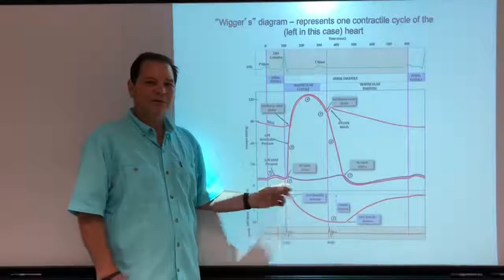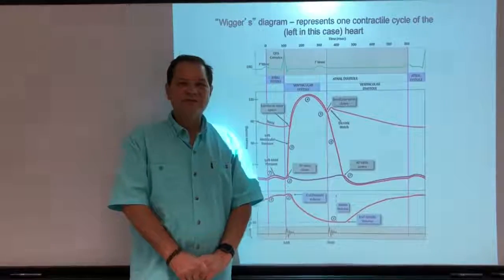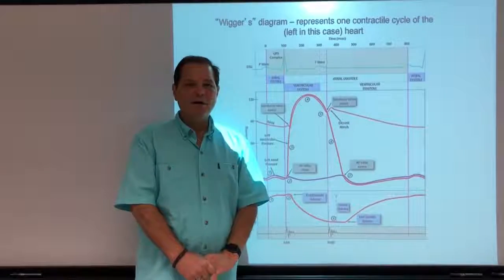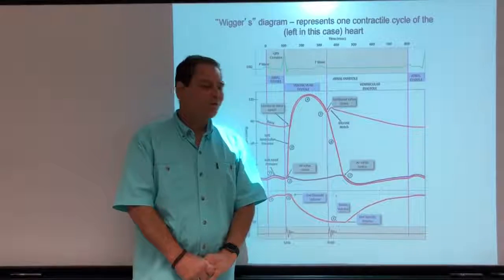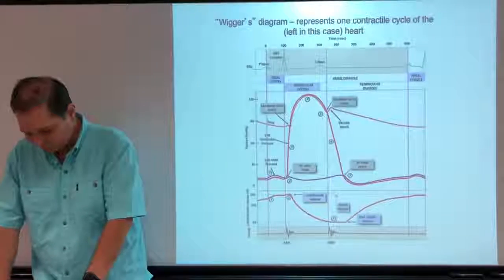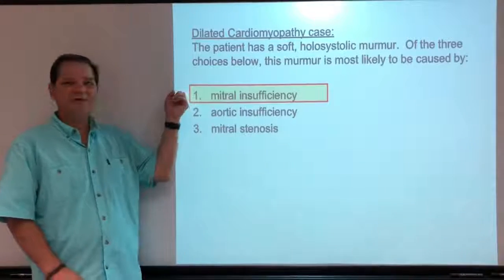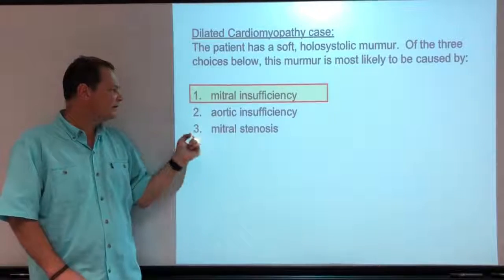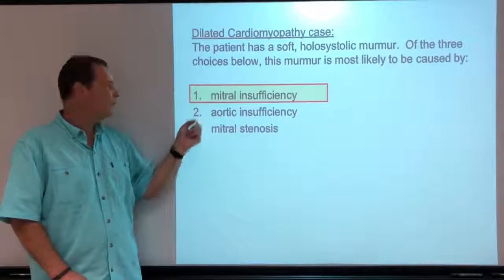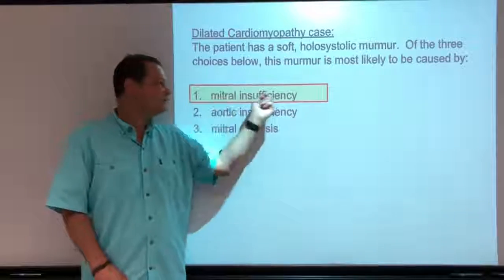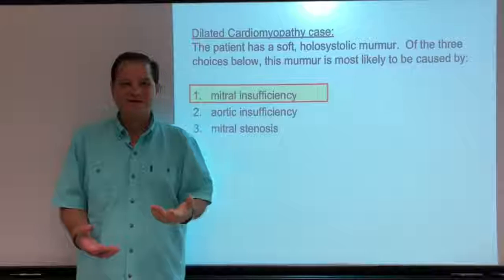So our possibilities for a systolic murmur are aortic stenosis or mitral insufficiency. Mitral insufficiency is a choice, aortic stenosis is not. So this was the one that you should have concluded was the correct answer.